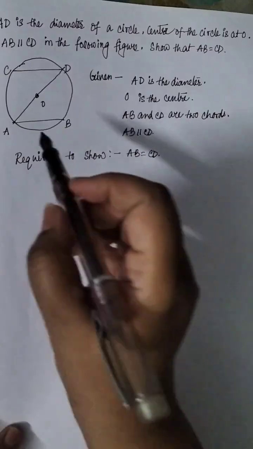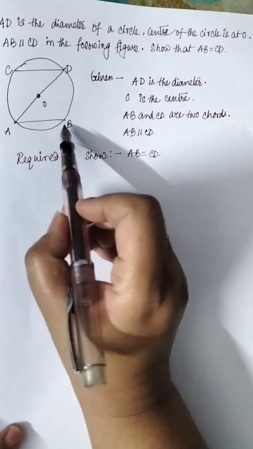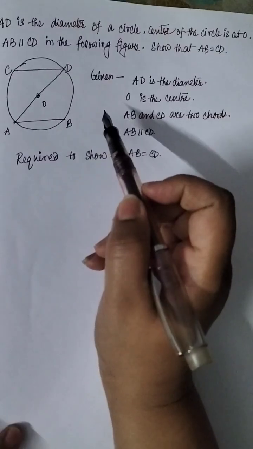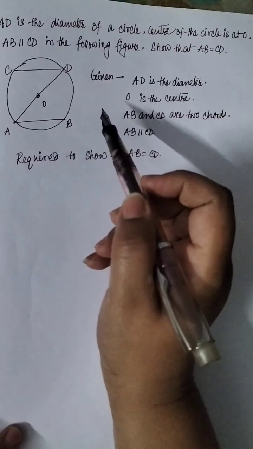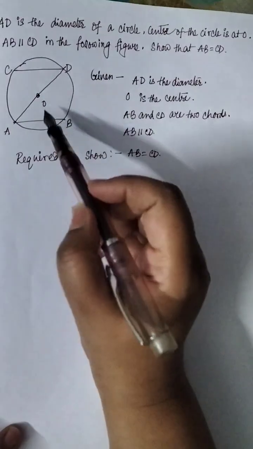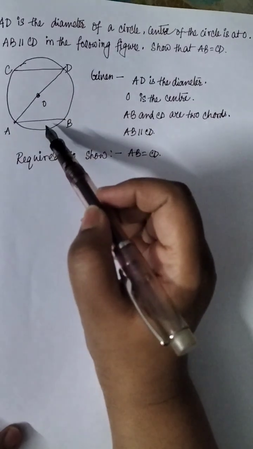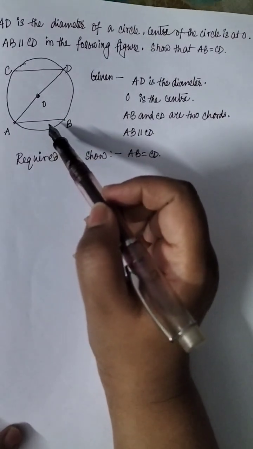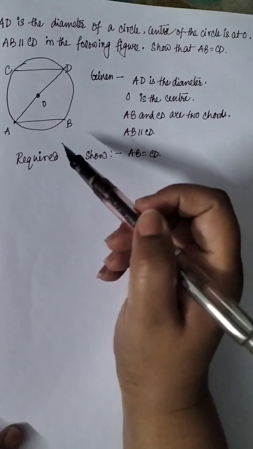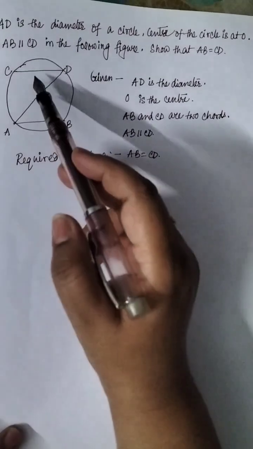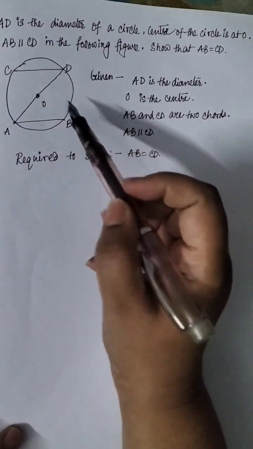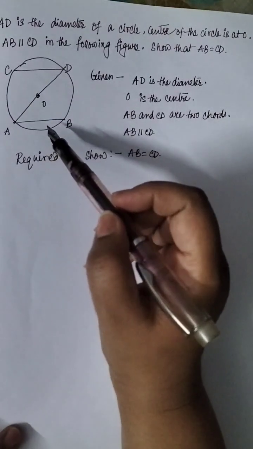So again, for proving that AB equal to CD, we have to use the properties of circle. Now we know that if we want to show that two different chords of a circle are equal in measurement, then in most of the cases, we have to show that they are equidistant from the center, because by the properties of circle we know that equal chords are equidistant from the center.